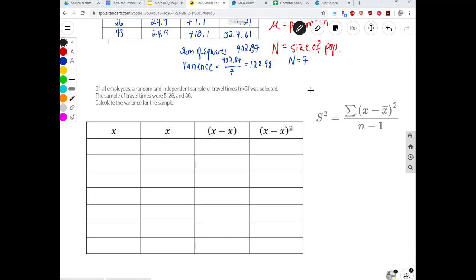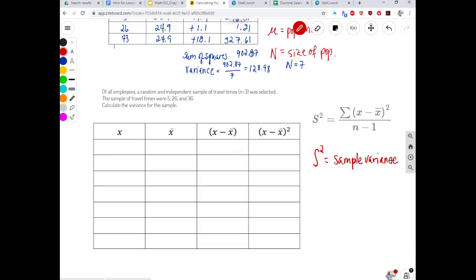Okay, awesome. Here I have my sample formula. Let's go over what the little pieces mean in more detail, just like we did for the last one. I'm going to do this in red again. So this time, instead of having sigma squared, we have s squared, and that is the sample variance. Here I have x again. X is my data, my individual pieces of data.